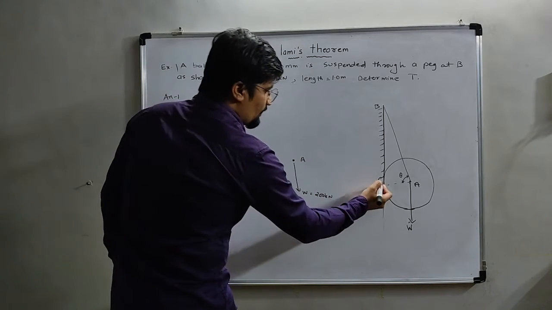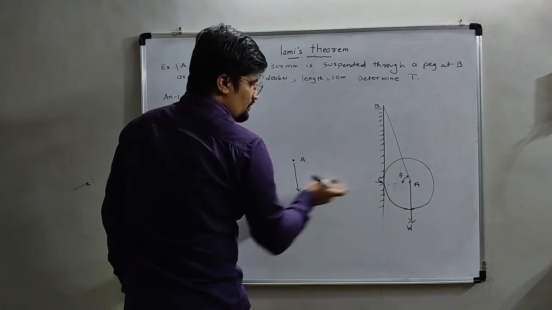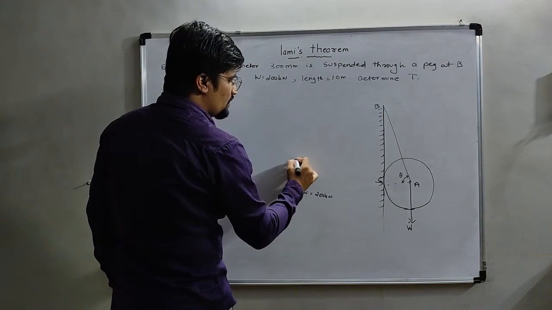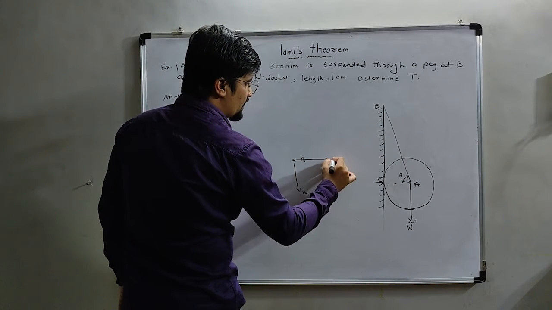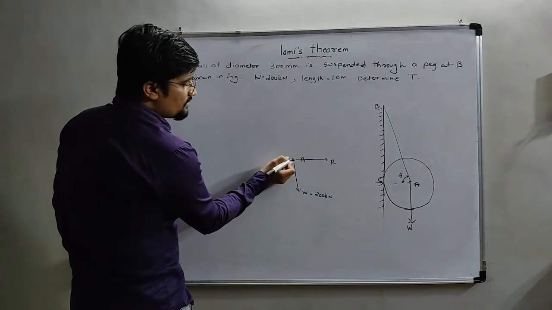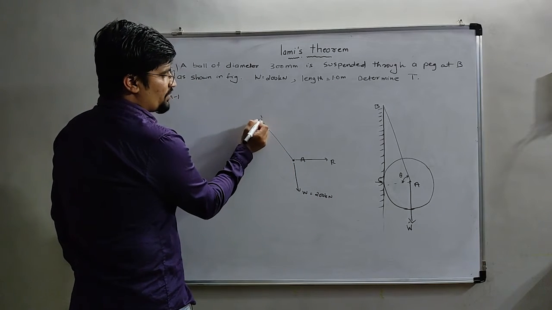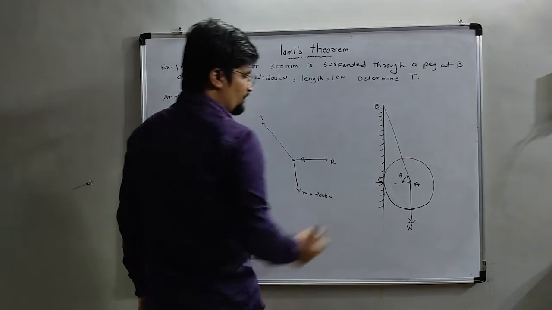The wall will create a reaction to the steel ball in this direction, so I will take it as R, and the tension will occur in this string which is attached here.